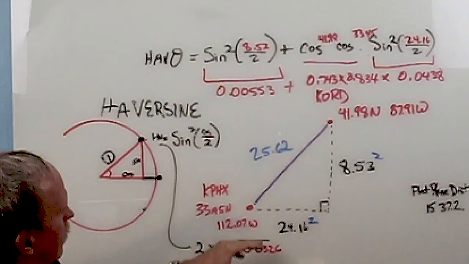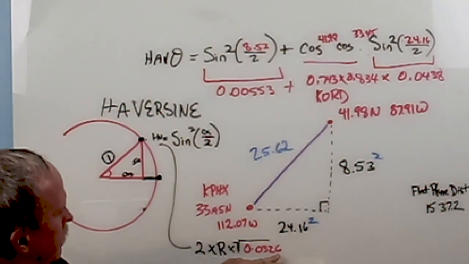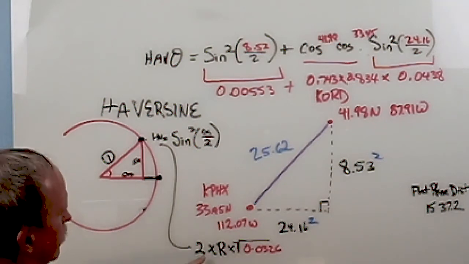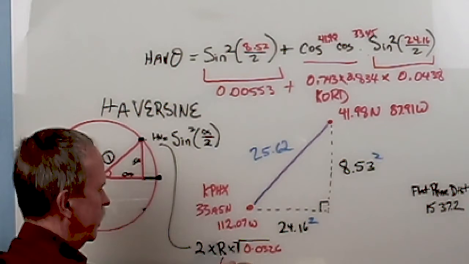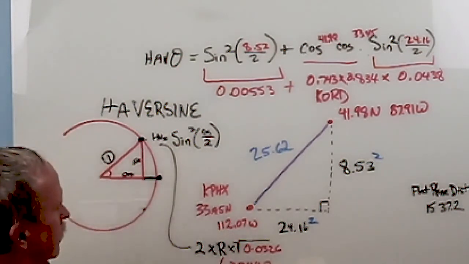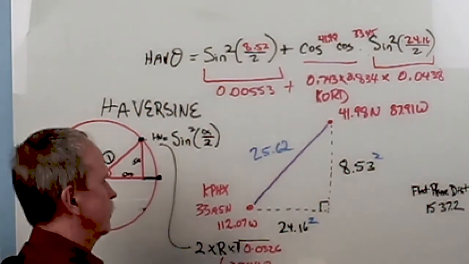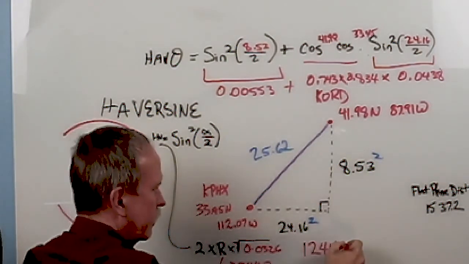Now, if we bring this all together, we come up with 0.0326. We take the square root of that, we multiply it by 2, and the radius of the Earth in nautical miles, which is 3440. What do we get? We get 1,244 nautical miles.